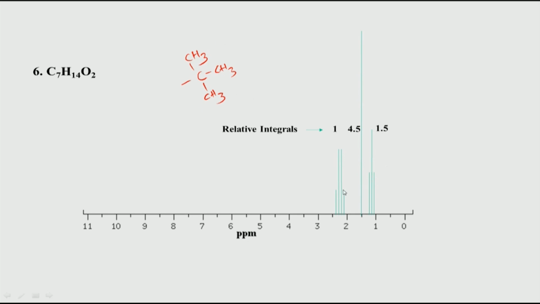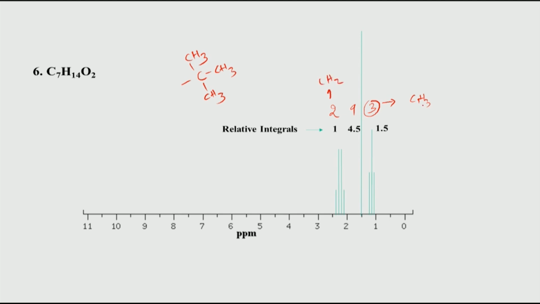Now, we have seen a quadret and a triplet. Typically, if you multiply this by 2 you get 3. So, what has happened is that we have rescaled this integral, and we call it 2, 9, 3. Now, whenever you see 3, it means it is a CH3, and this is a CH2 because of 2 hydrogens.